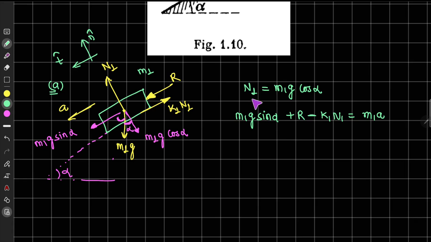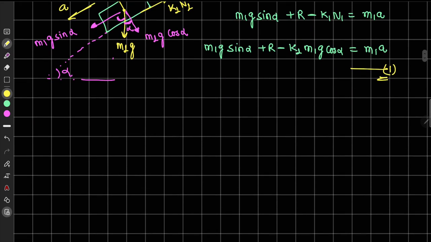Let us substitute the value of n1 here and we will get m1g sin alpha plus r minus k1 times m1g cos alpha is equal to m1 into a. So this is the first equation we have.